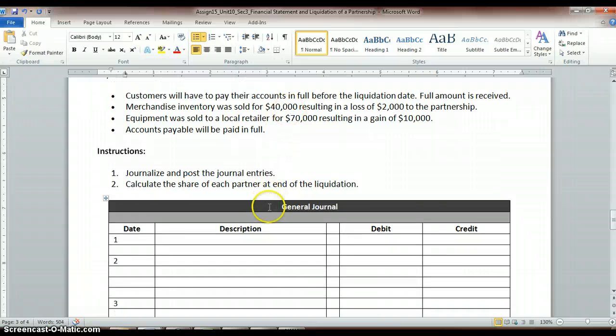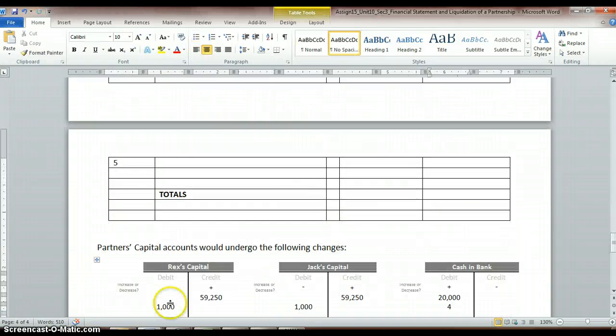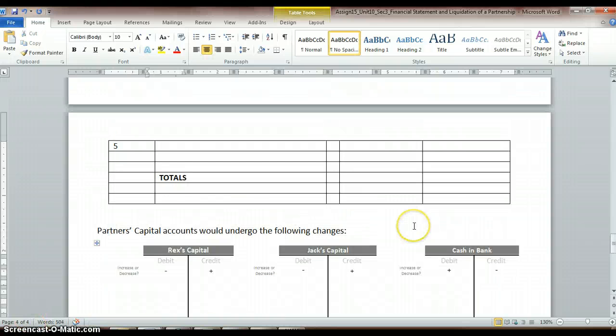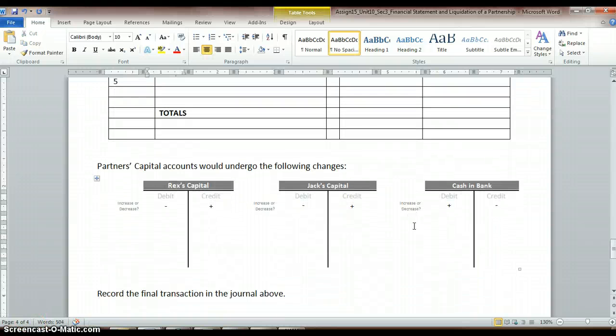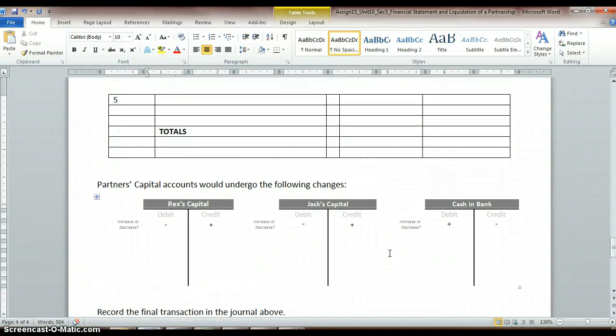So you should be journalizing each of these transactions as you go. Then something that's going to be different is I have these T accounts down here that you will need to fill out also as you go. Just to help you get started with these, our capital accounts had a beginning balance of $59,250 each.